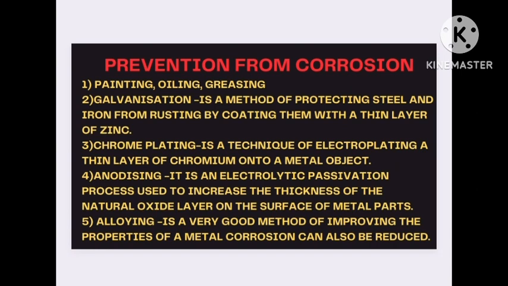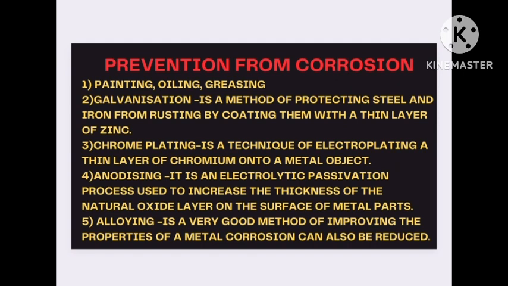It is a very good method of improving the properties of a metal. Corrosion can also be reduced by this method. For example, iron, the most widely used metal, is never used in pure state. It is always mixed with a small amount of carbon.